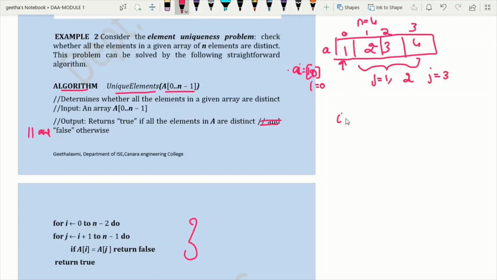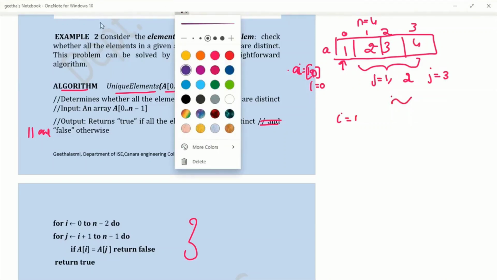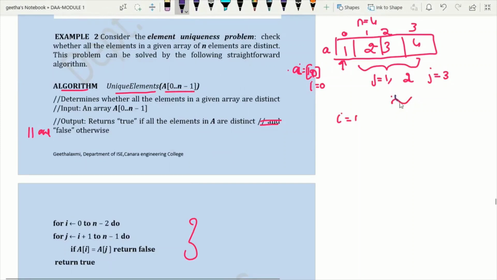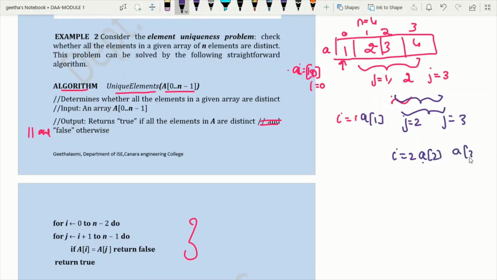When i is 1, I am comparing A[1] with the remaining two elements, so j can become 2 and j can become 3. Finally, when i is 2, there is only one element remaining to compare, that is A[2] with A[3]. So j is 3 and i is 2.